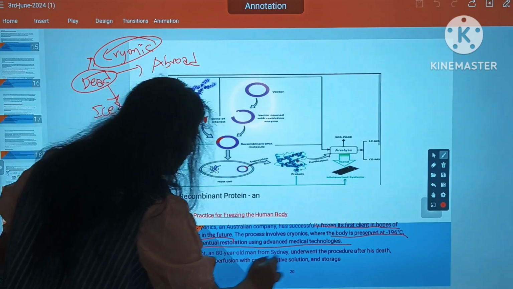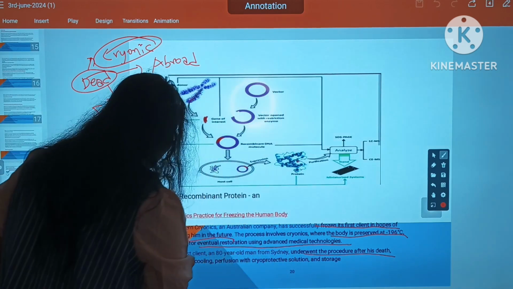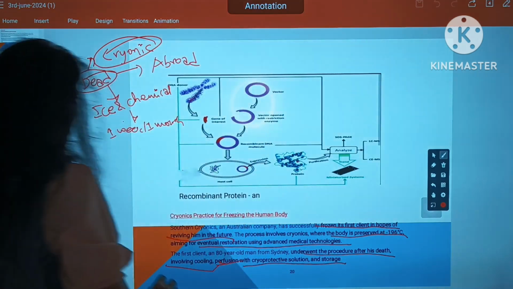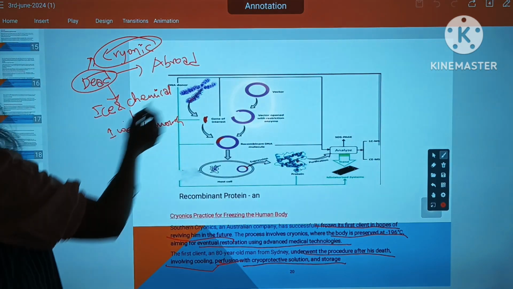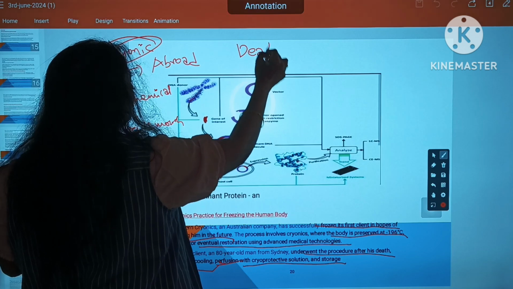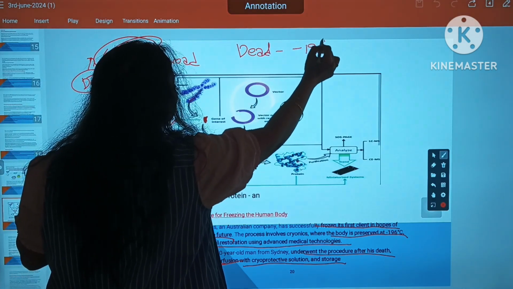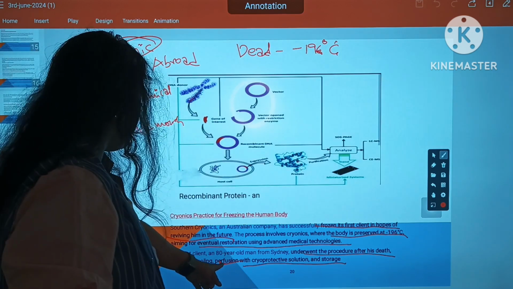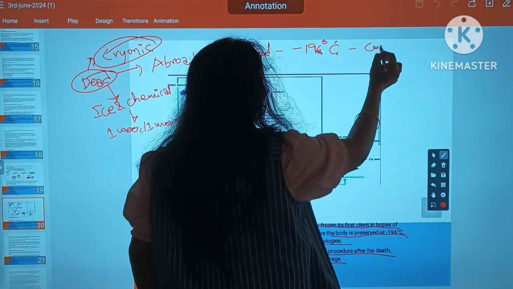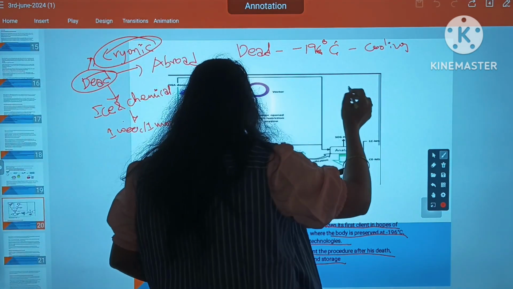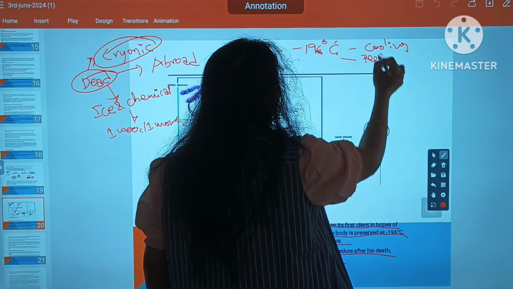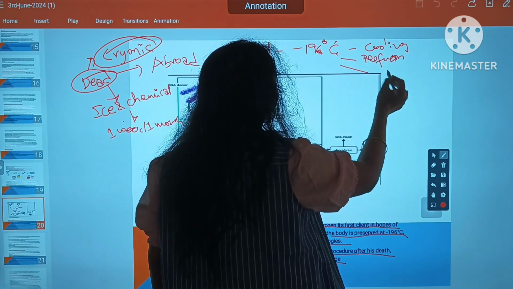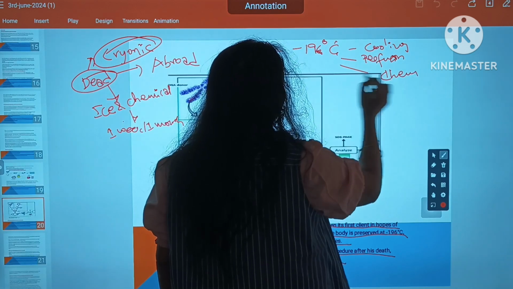The procedure after death involves cooling, perfusion, cryoprotective solution and storage. So they will store the dead body at -196 degrees Celsius using technologies like cooling, perfusion, cryoprotective solution, means again chemicals, storage.